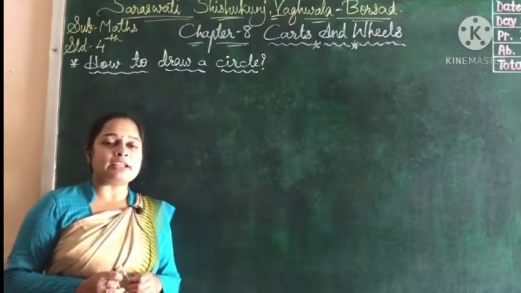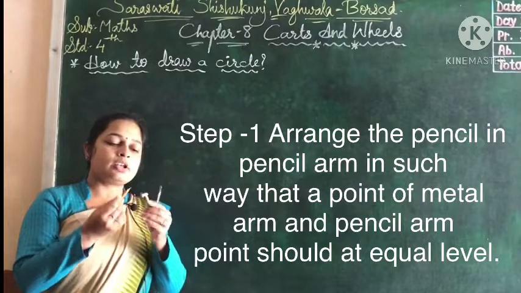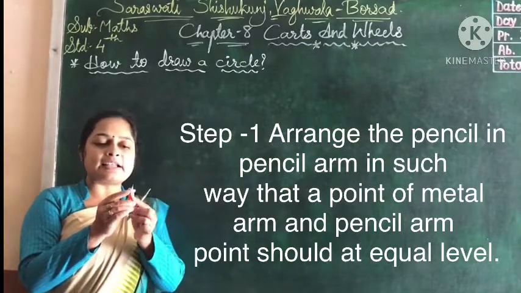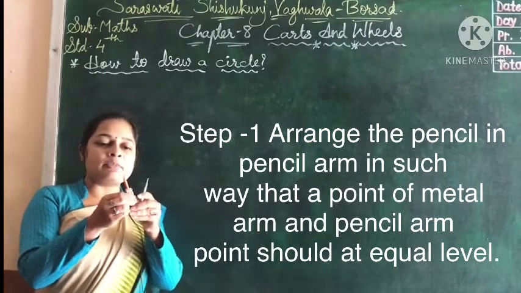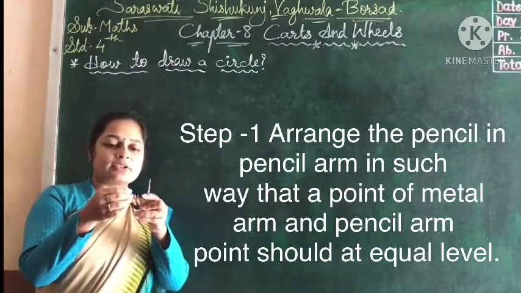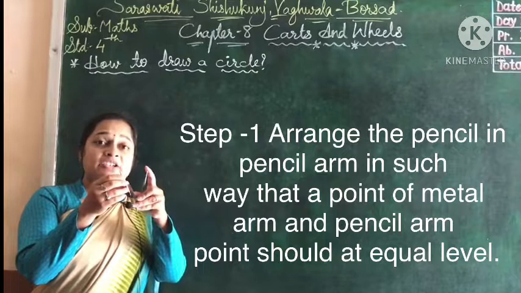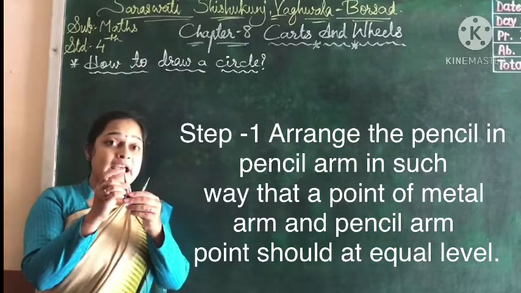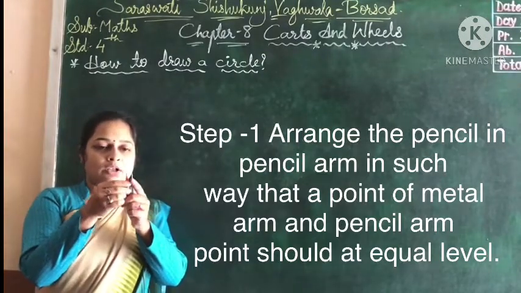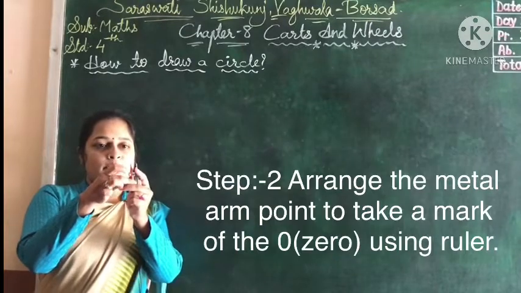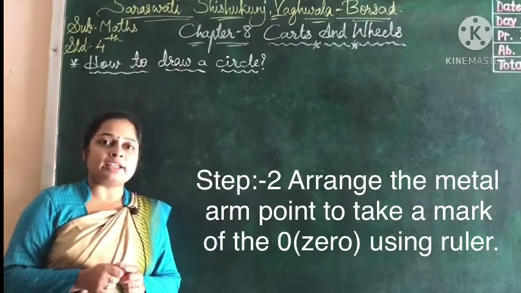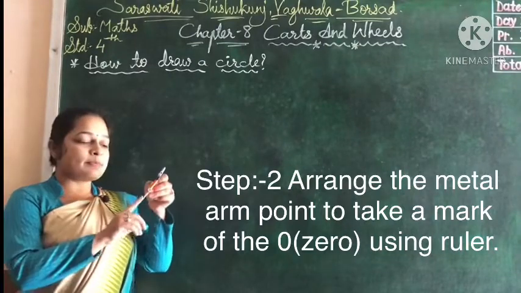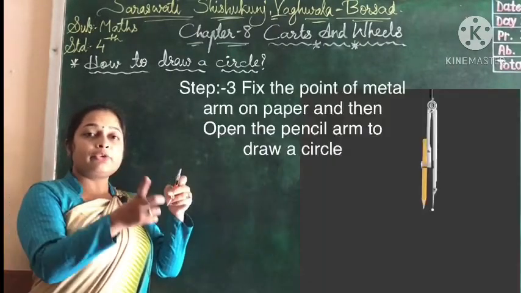Step 1 is to arrange the pencil in the pencil arm in such a way that the point of the metal arm and the point of the pencil arm should be equal. You can see here it should be equal. Step 2 is to take the mark of 0 from the ruler.